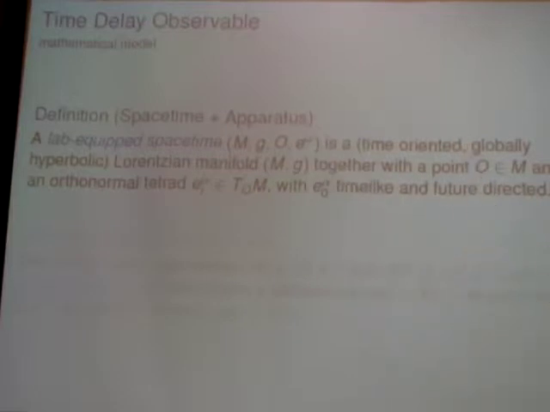At the ejection point, there is a special direction, which is tangent to the world line of the laboratory. And then there are also three spatial vectors that determine the direction in which the probe is thrown.